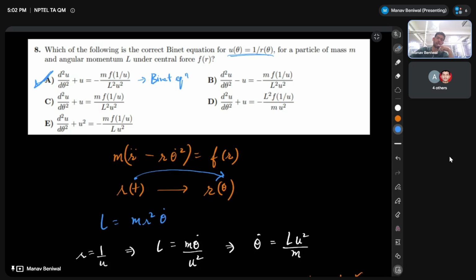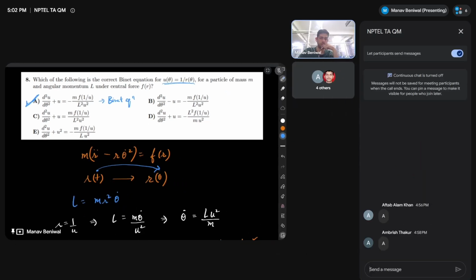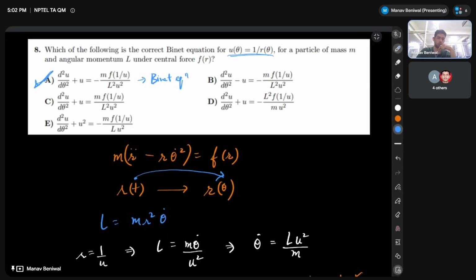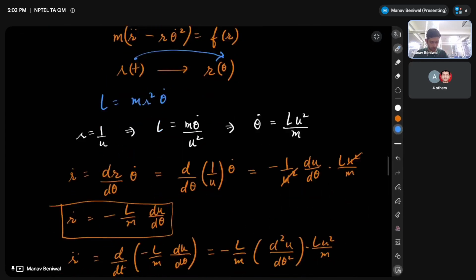Okay, any doubt in this one? Because now we'll apply this equation to find out some orbits. Okay, no doubts. Okay, good.